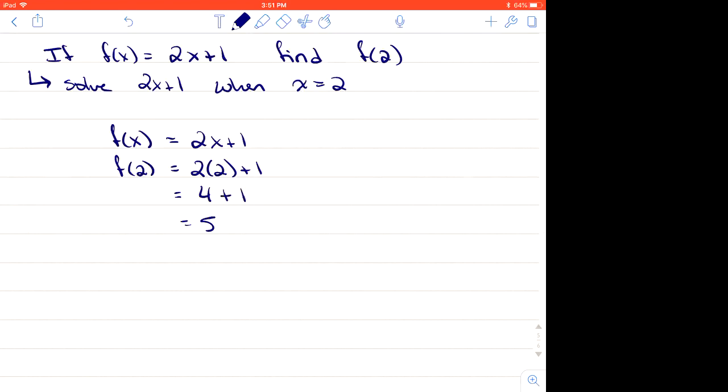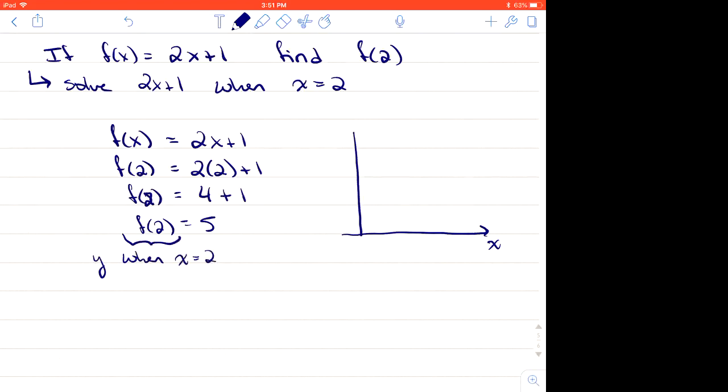So f of 2, I'll keep going here, is 5. F of 2 is the y when x is 2.